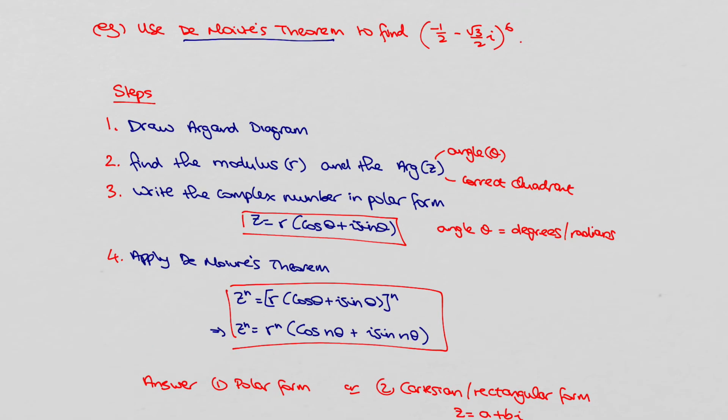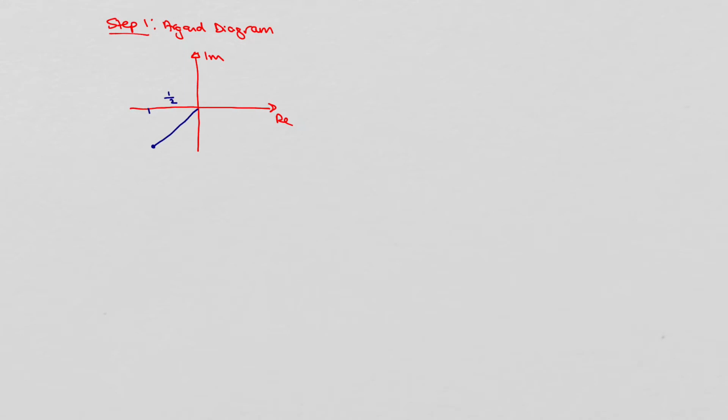So we're going to have to, first of all, take minus a half minus root 3 over 2 i, and step 1 says we must draw the Argand diagram. So we mark our real and our imaginary axis. We're going to go out minus a half, and we're going to go down root 3 over 2 i, and we're going to draw our right angle triangle.